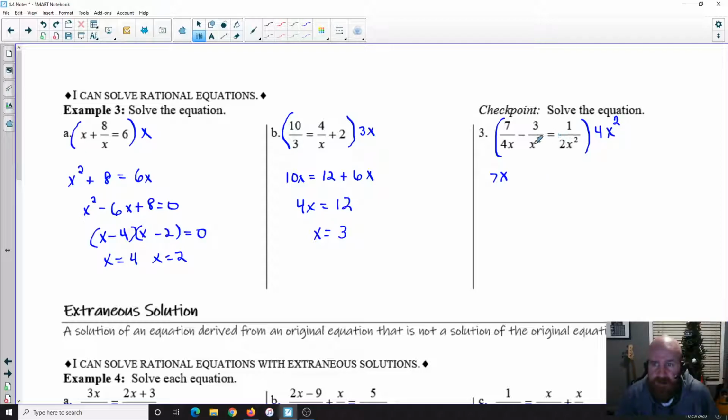And then the x squareds would cancel in this one, so we have 3 times 4. So we get a minus 12 there. And then the x squareds would go away, and 4 divided by 2 is 2, so 2 times 1. We add 12 to both sides. Divide by 7, we get x is 2. Again, if we plug this in, it should all balance out.